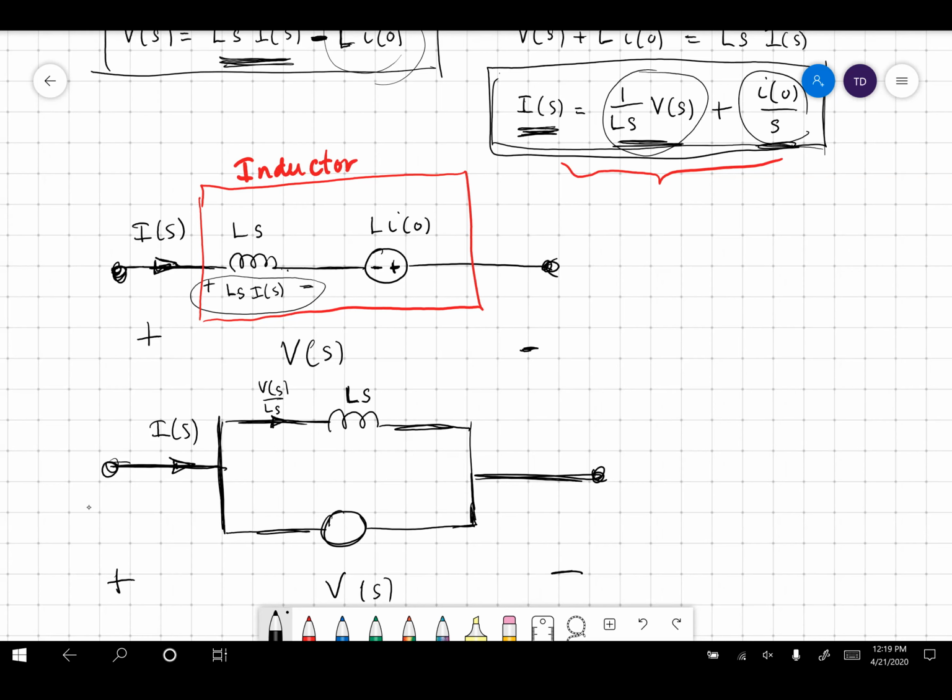And we knew that from source transformation. So the current is the voltage divided by the impedance. This one down here on the bottom is just this term here. That's the current term. And so this current is I of 0 over S. And what direction does that go in? We'll see the plus sign. Both currents go in the same direction. So that current goes in this direction.